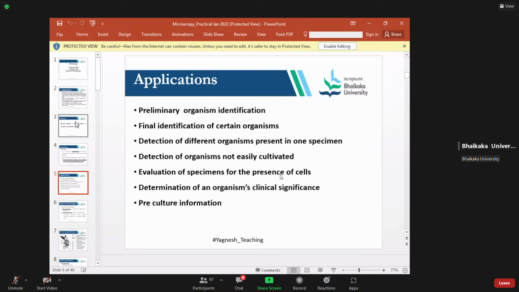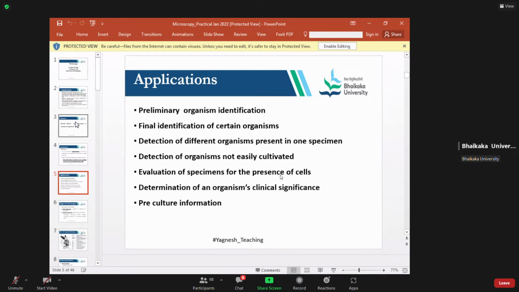So here we are evaluating this sputum specimen, whether this specimen is contaminated with saliva or not. So we count the number of WBCs and the number of epithelial cells to label whether this is a proper specimen or not, or a good specimen or not.